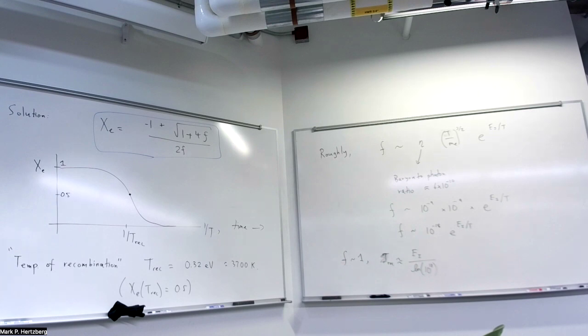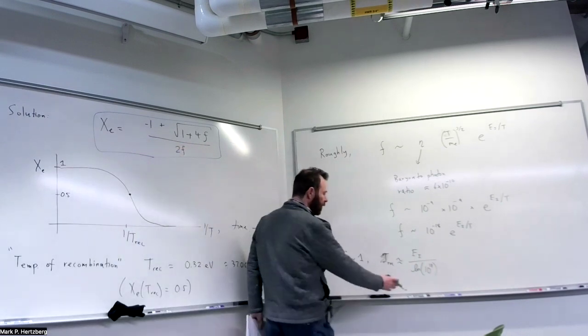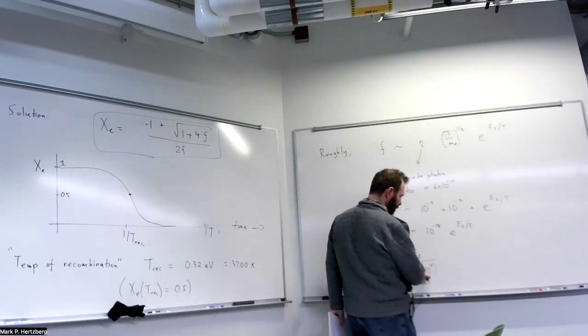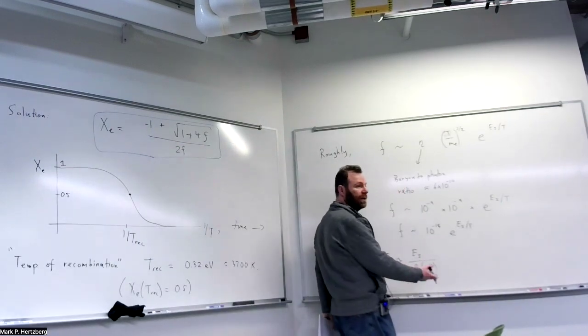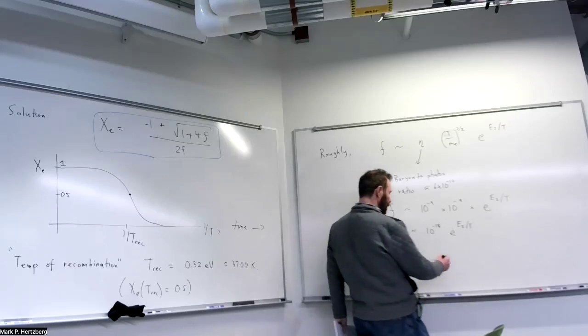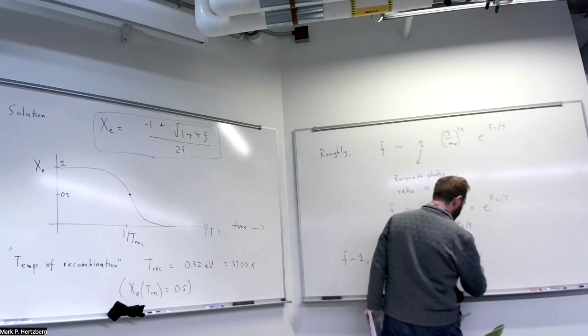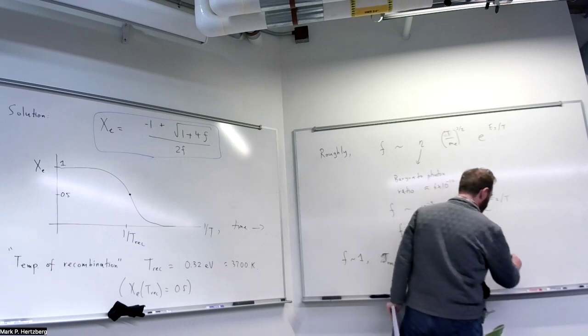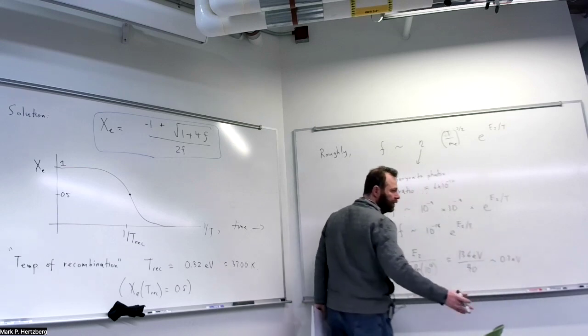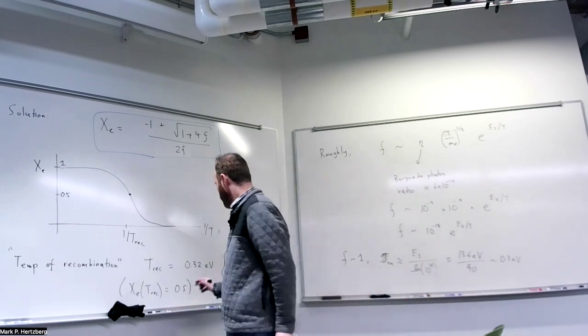You have to be deep into the exponential to compensate the 10 to the minus 18. So log of 10 to the 18, this is 18 log 10, that's 18 times 2.3, that's about 40. So you see this is about 13.6 eV over 40, and this is our 0.3 eV or so, 0.32 eV if we do it properly.